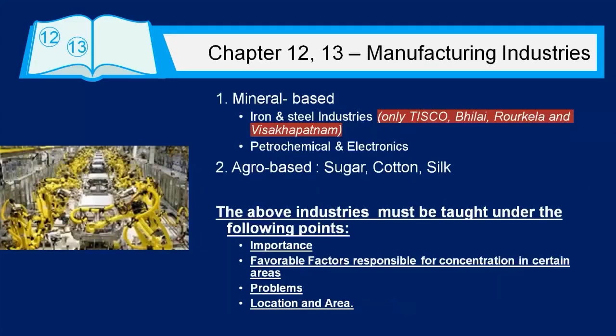You must study the classification of industries and difference between agro-based and mineral-based industries in tabular form. You must learn the problems related to each industry. You must know the names of important centers for each industry. You should be able to differentiate between center of an industry and state where it is located.